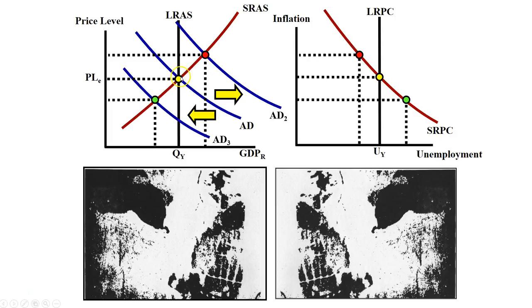Now, if my aggregate demand moves to the left and creates a deflationary or recessionary gap, what's going to happen to my Phillips curve? You're going to see me move to the right of my long-run Phillips curve, moving along the line to this side. So that can help you look at how these things interact.